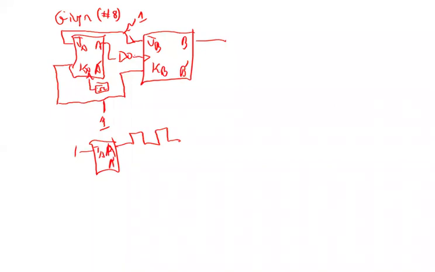But then it runs through an inverter. So that's the moral equivalent of having A prime come out, which is going to look kind of like this. And so now you've got that going into the clock input of the next stage, right?